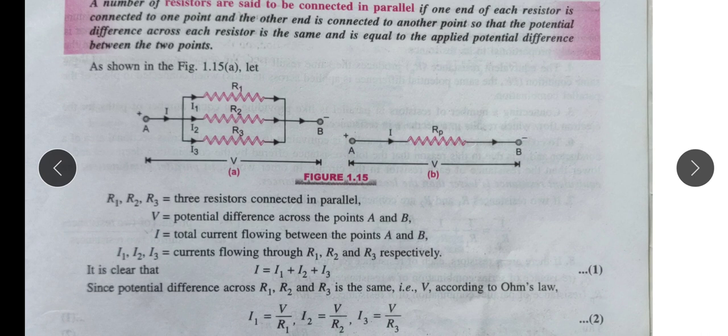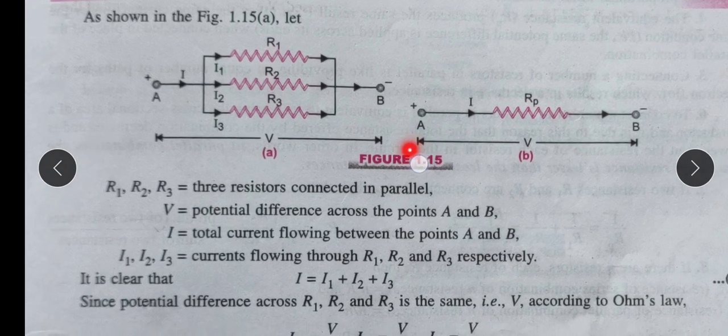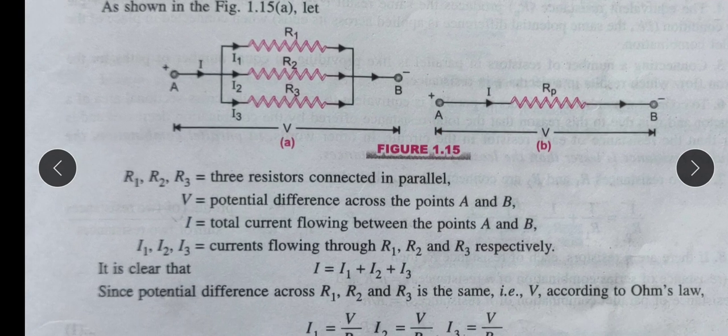Then look at the second diagram. Let Rp be the total resistance when it is connected in parallel. As we studied earlier, Rs is the total resistance across series combination; here Rp is the total resistance when it is connected in parallel. Okay, so listen, R1, R2, R3 are the three resistors.